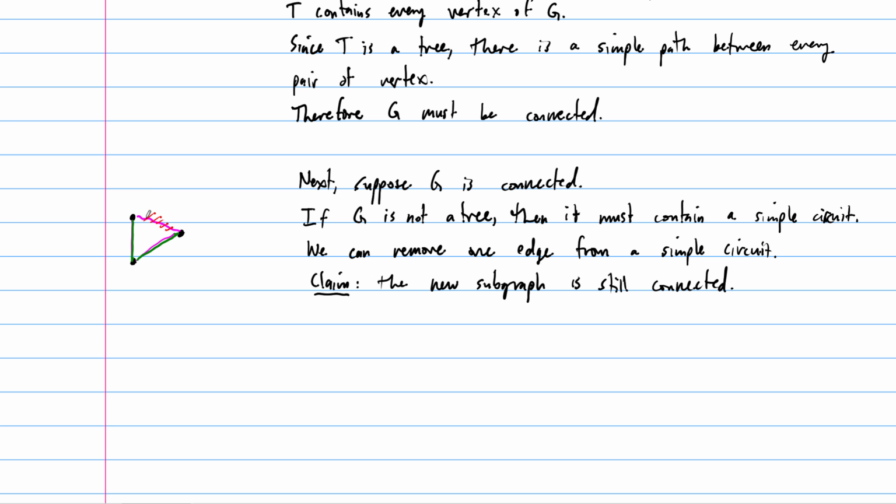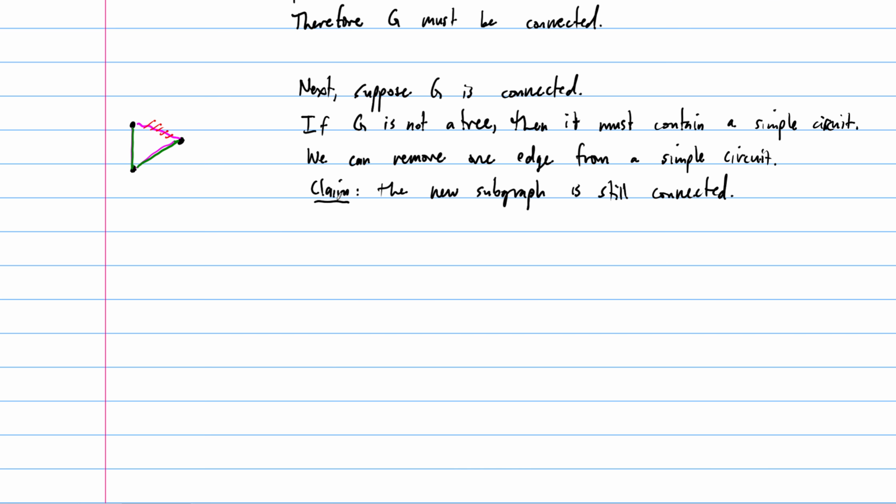So really, these are the two that we've removed the single edge that connected them, right? But we can still get from one to the other by taking these two. So this is going to be true even for a more complex simple circuit. Once we believe this, right? We've made this statement and we believe it, then we can repeat this process until no simple circuits remain.